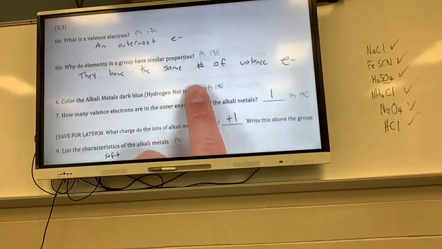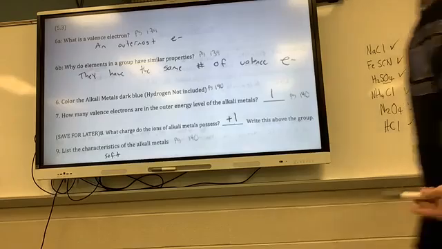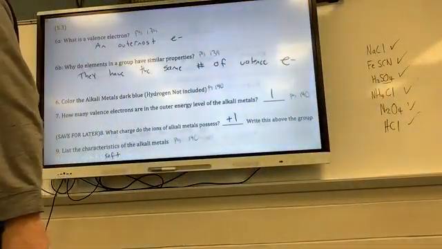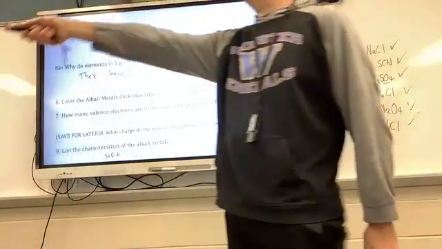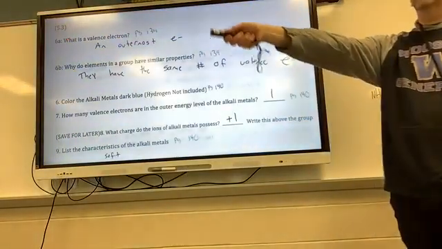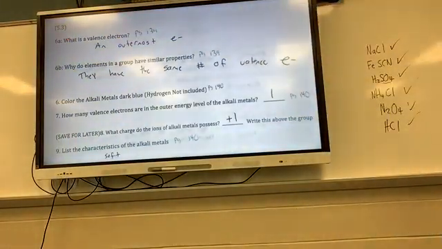Then it said to color the alkali metals dark blue. So you should have colored on your periodic table from lithium to francium dark blue. Not hydrogen, just these dark blue. How many valence electrons are in group 1? 1. Is it easier, because they all want to have a full outer shell, to lose 1 or gain 7?